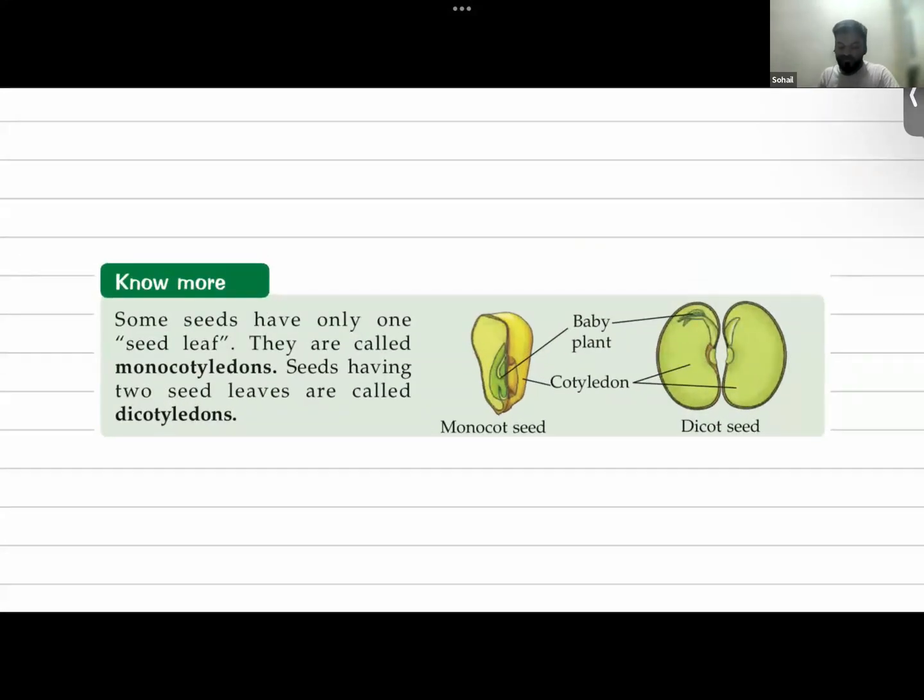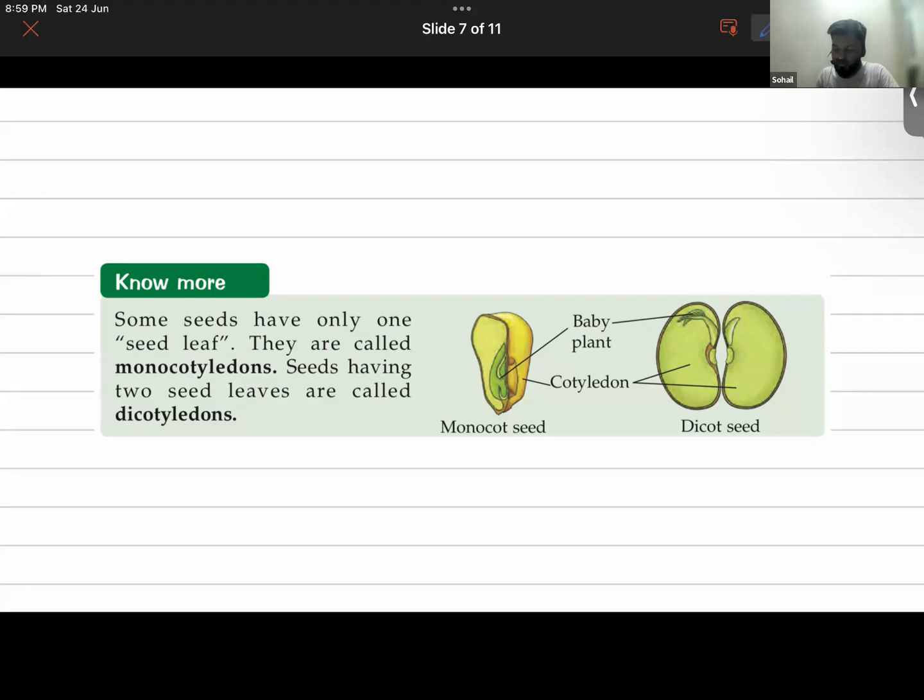Some seeds have only one seed leaf, while some seeds have two seed leaves. They are classified as monocots and dicots. If you open up a chana seed, it has two seed leaves in it. Basically, there are two cotyledons. While in some seeds, there's only one cotyledon.